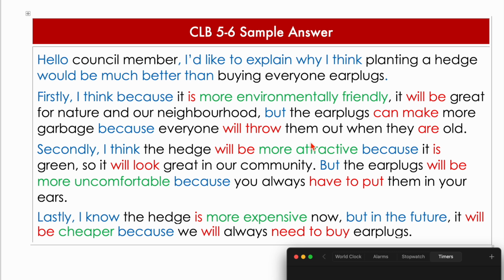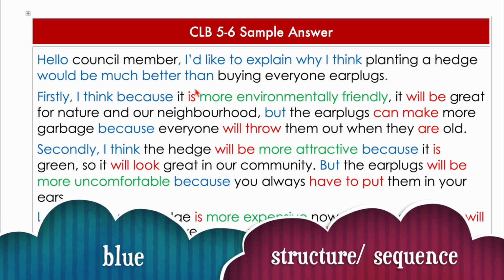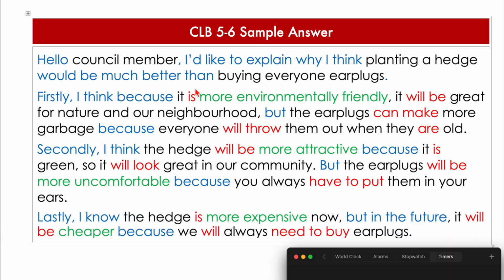So, everyone, to practice, let's read our sample and let's understand every part. Remember, in this example, I use color so you can understand better the parts of the sentences. The blue, okay, the blue is structure, how we can form the sentences. So, firstly, secondly, like that. Organization.